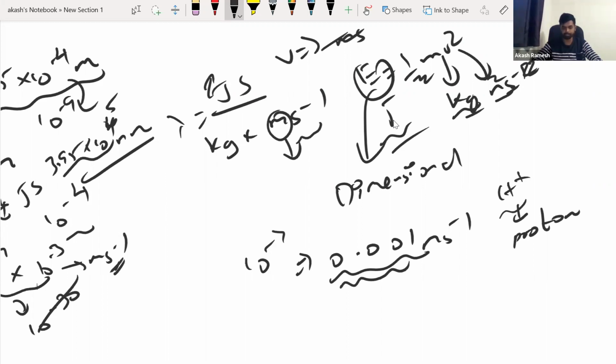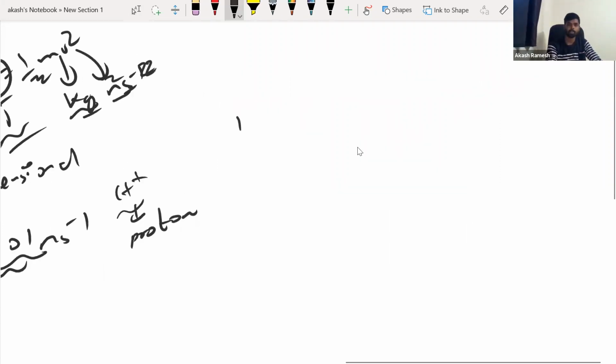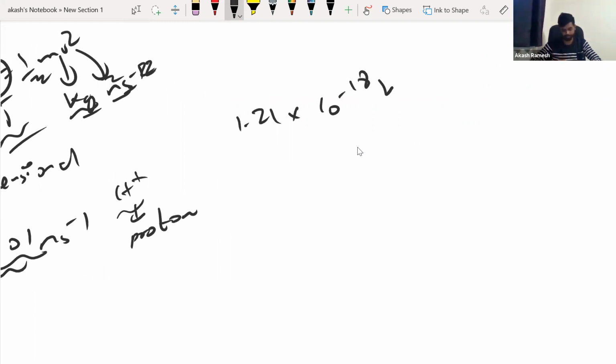Calculate the uncertainty in velocity of a particle of mass 1.21 into 10 to the power minus 18 kg.